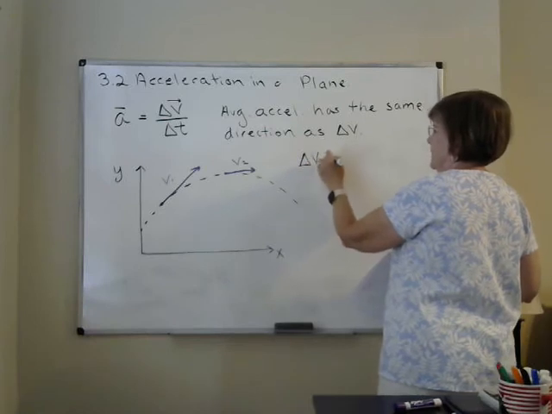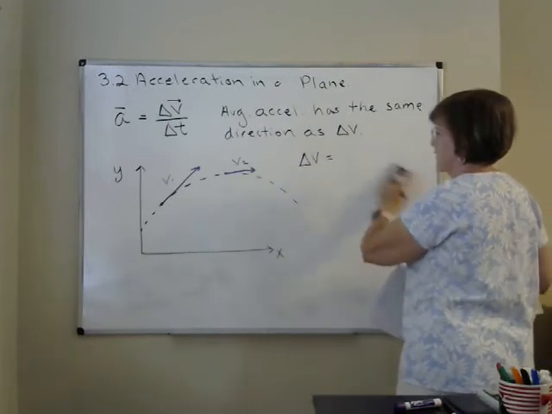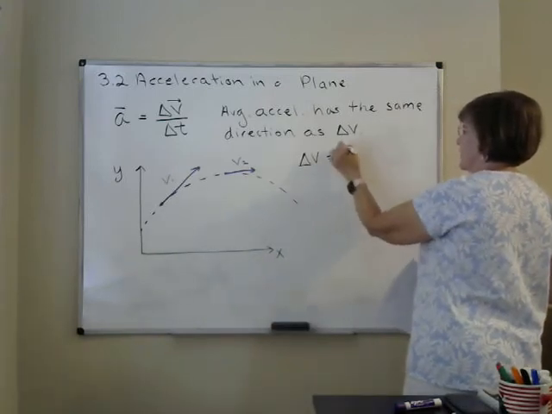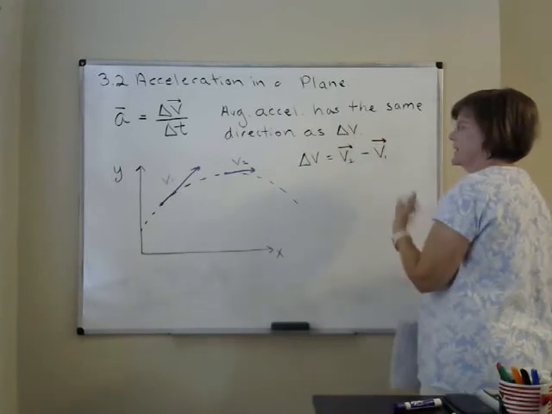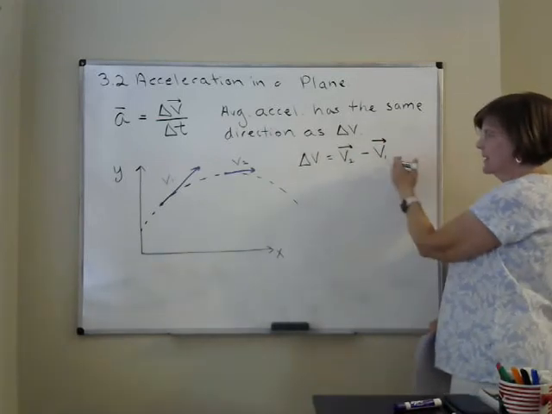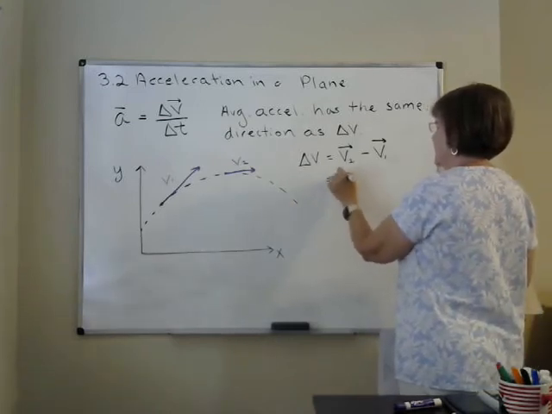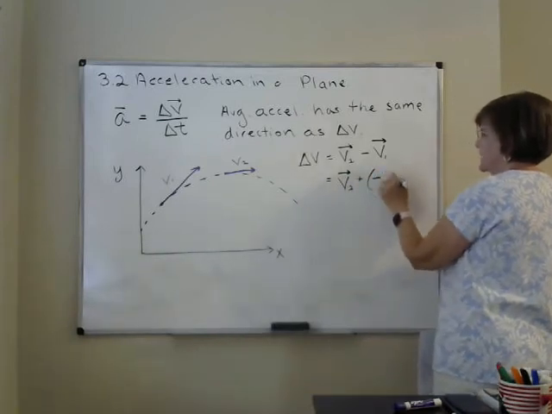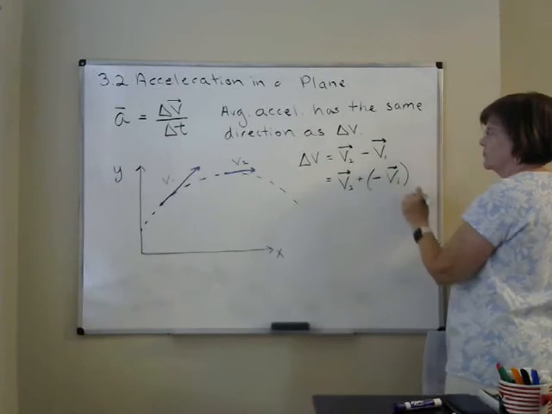The change in velocity is going to be V2 minus V1. So anytime you do a change, it's final minus beginning. Or if you prefer, since they're vectors, we're going to add V2 plus the opposite of V1. Let's draw those vectors.